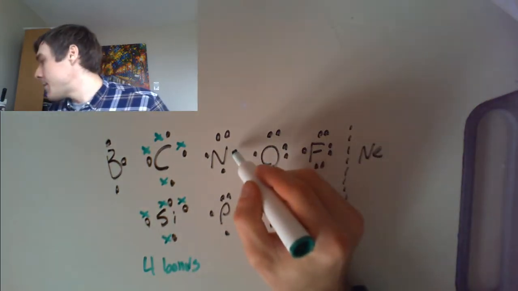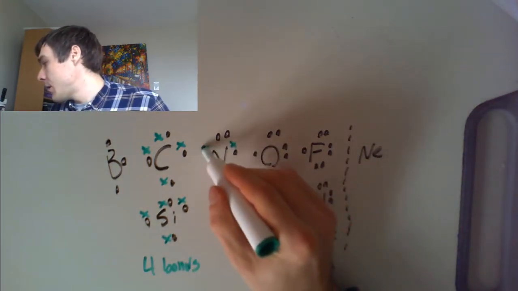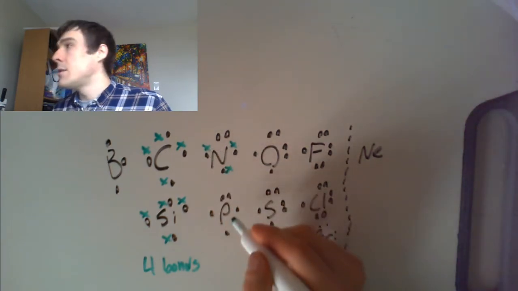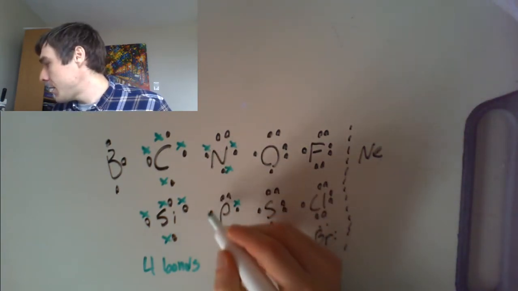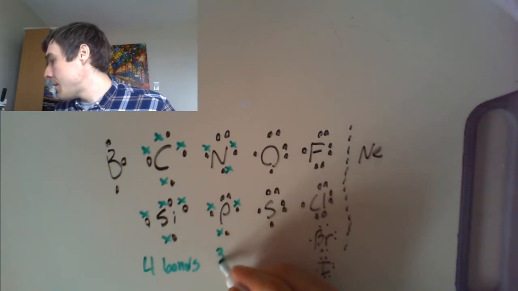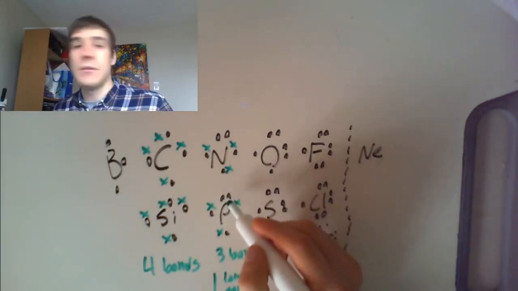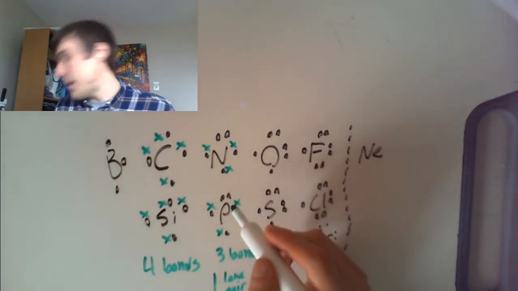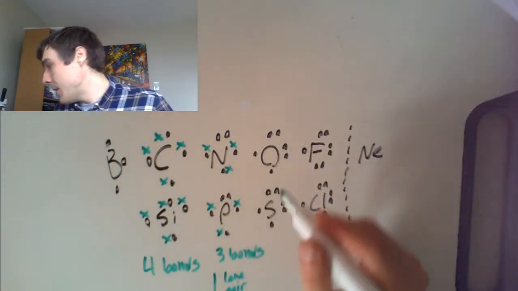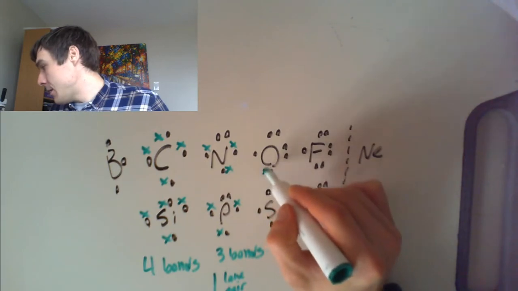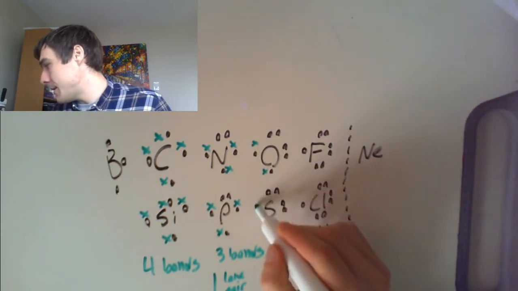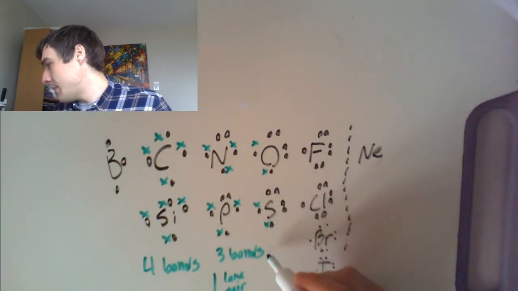Nitrogen has 3 unpaired electrons. So does phosphorus, 1, 2, 3 unpaired electrons. So they're going to make 3 bonds, and they'll have 1 lone pair. The lone pair is just going to stay together. They're okay. The lone pair is happy already. Oxygen, if you can sense the pattern here, this is oxygen and sulfur.